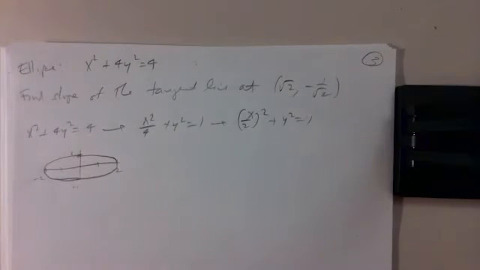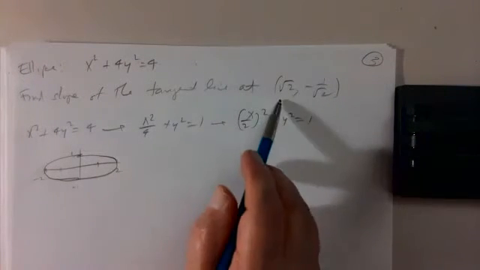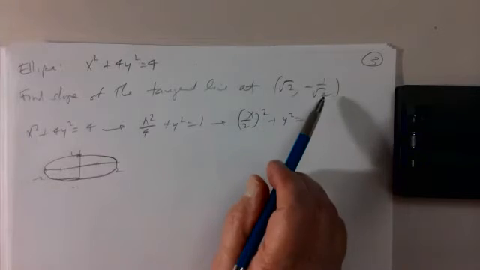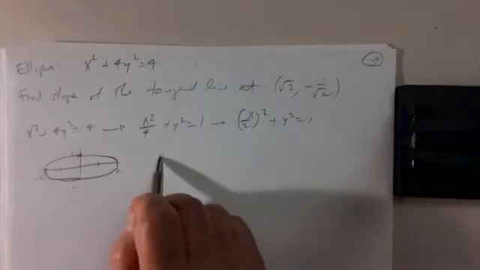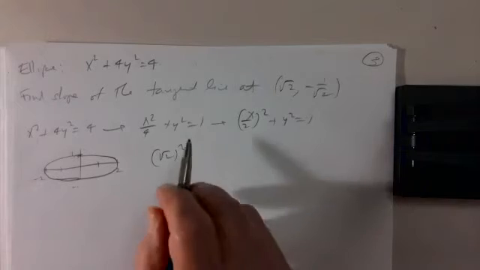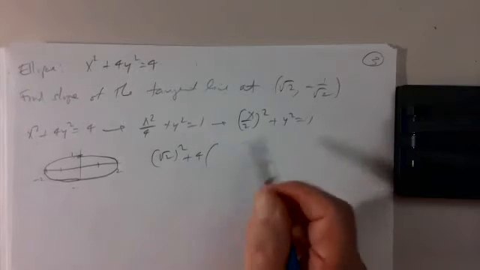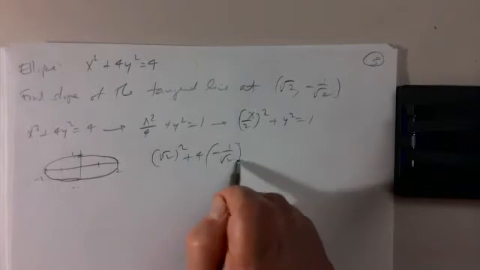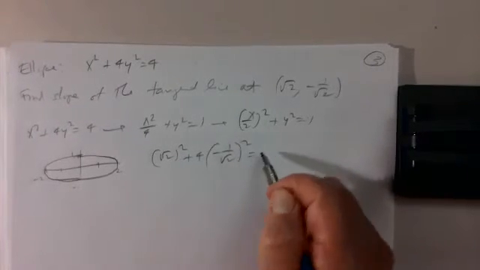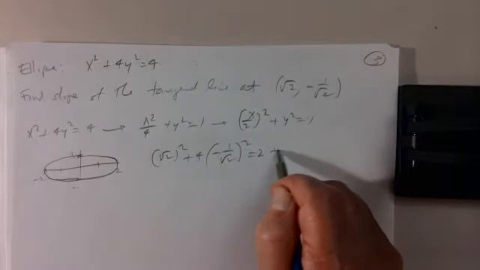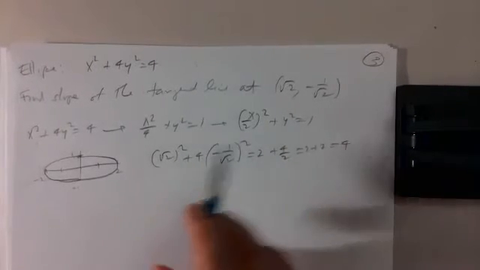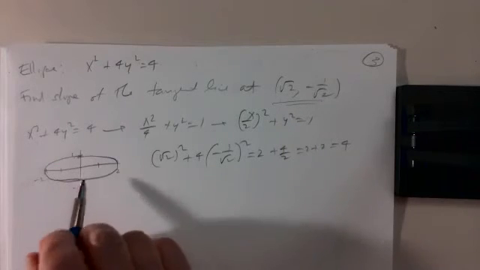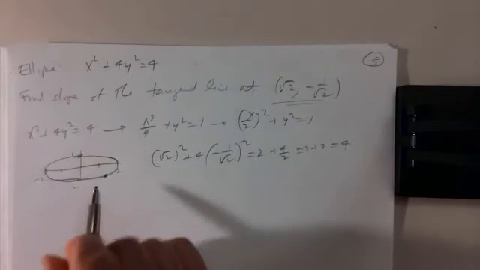The graph of the ellipse looks like this. And if you let x equal root 2 and y equal minus 1 over root 2, you get root 2 squared plus 4 times (-1 over root 2) squared. That's 2 plus 4 over 2, which is 2 plus 2, which is 4. So this point does lie on the ellipse. It's right over there.